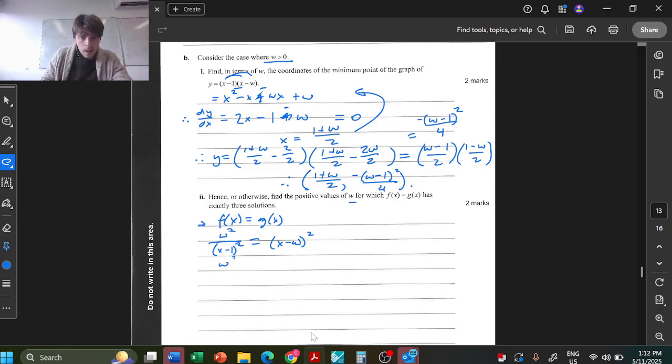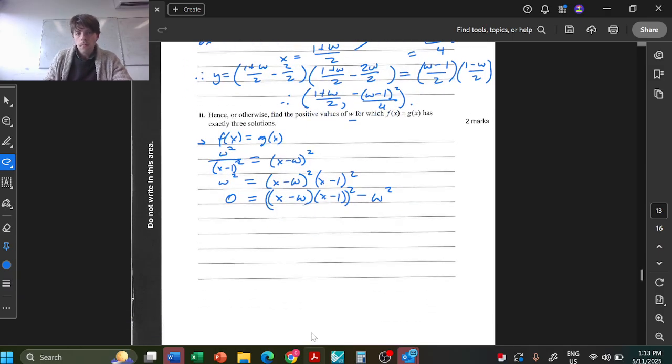Okay, so therefore, if we multiply both sides, we get x minus w squared times x minus 1 squared equals that. And once again, we could do this whole difference of two squares trick and write it as x minus w times x minus 1 all squared minus w squared. All right, so let us consider this little setup here. When does this thing have exactly 3 solutions?